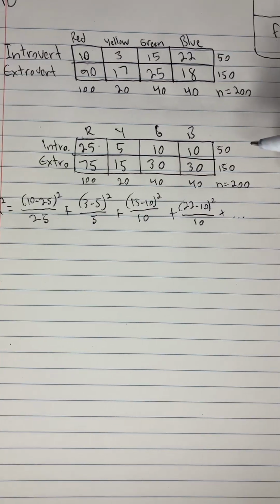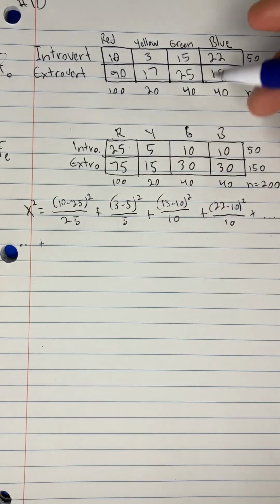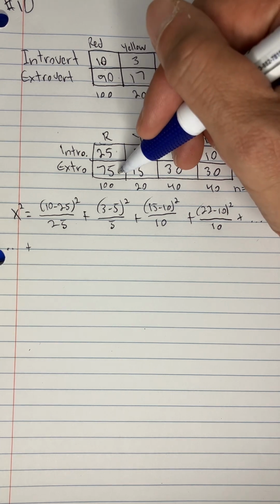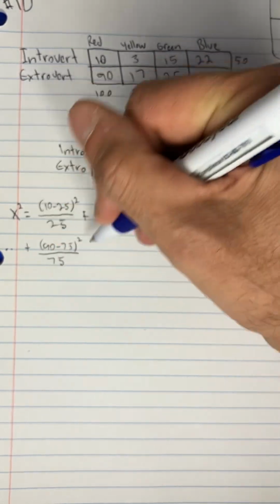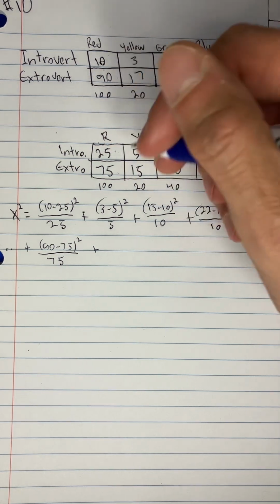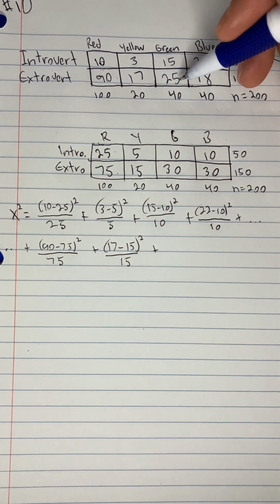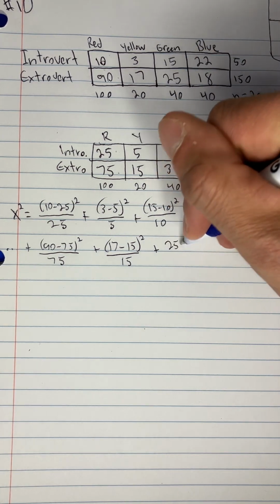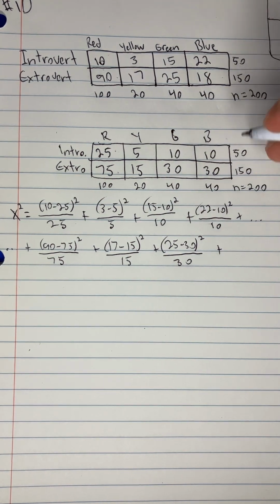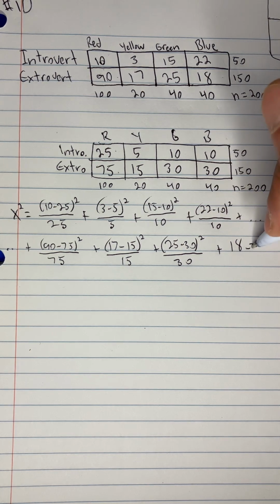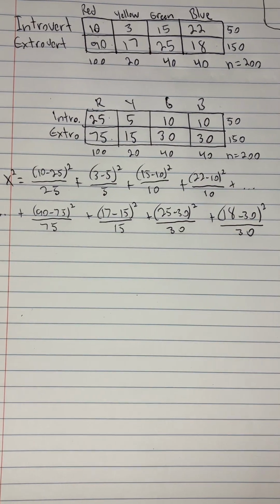Plus, and I'll continue it down here, 90 minus 75 squared over 75, plus 17 minus 15 squared over 15, plus 25 minus 30 squared over 30, plus 18 minus 30 squared over 30. Okay, so these are the terms that we have to add up.